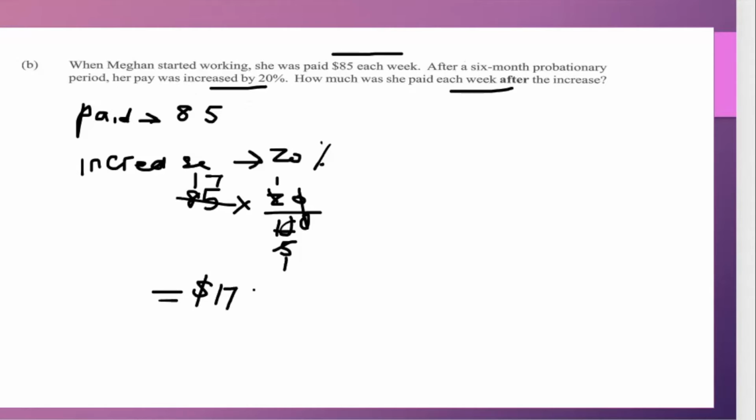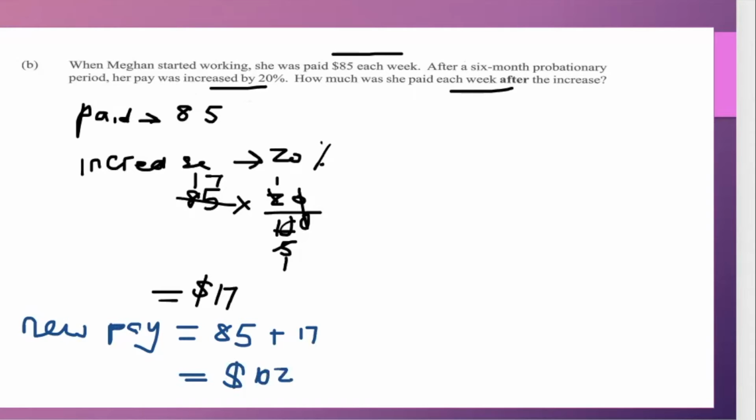That's the increase she got. So we are going to add $17 plus the $85 to get the new pay. Remember, it's an increase, so it means it's additional on the pay. So it's $85 plus $17, and that will give me $102.